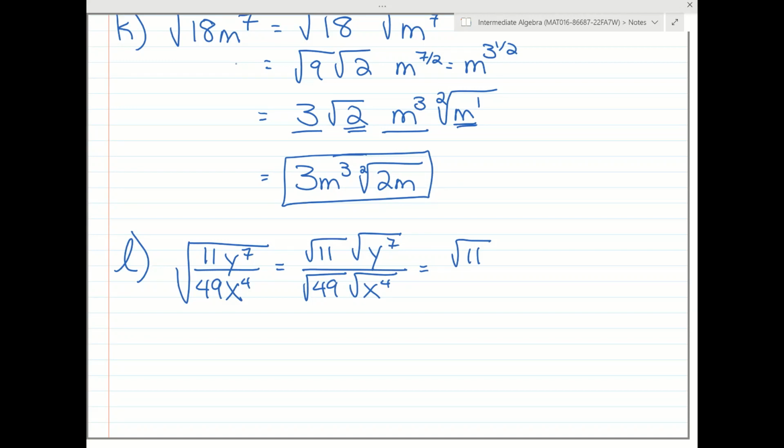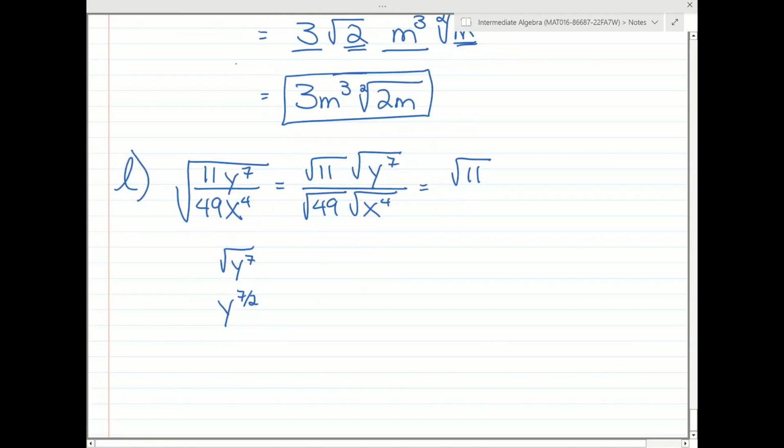Square root of y to the 7th is the same thing as y to the 7 over 2, which is the same thing as 3 1/2, or y to the third times the square root of y to the first.